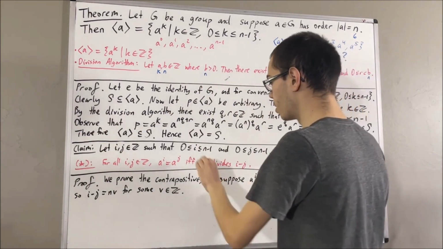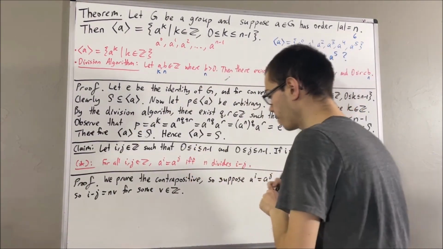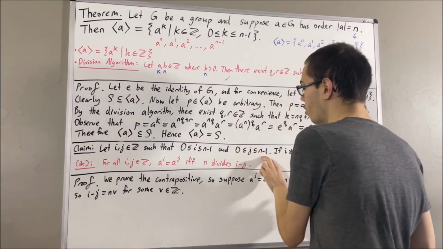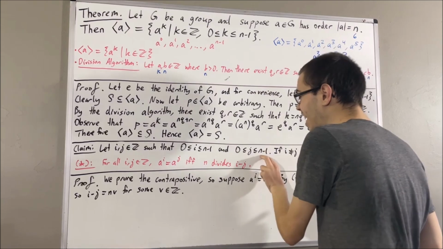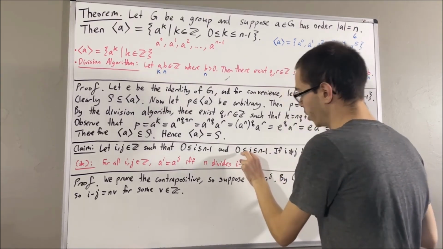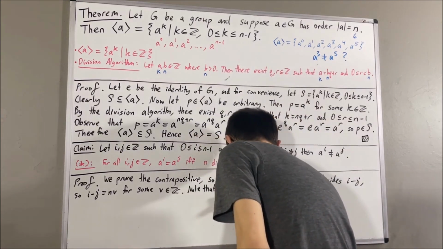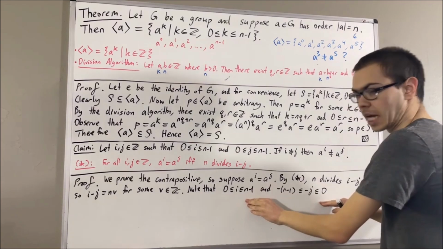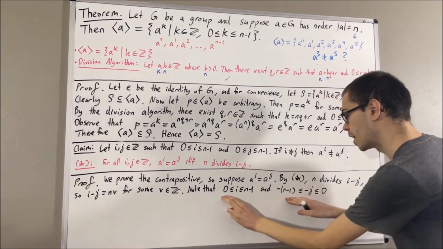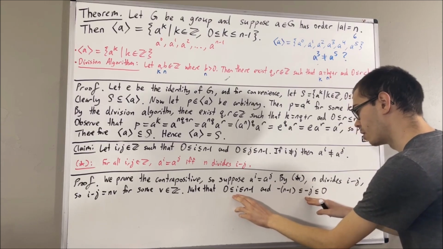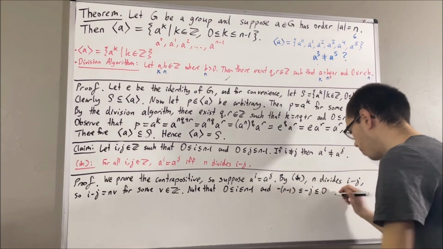Now, we know that j lies between 0 and n minus 1, and if we take this inequality and multiply negative 1 through it, we get that the negative of n minus 1 is less than or equal to the negative of j, which is less than or equal to 0. And then, adding these two inequalities together, we get that the negative of n minus 1 is less than or equal to i minus j, which is less than or equal to n minus 1.